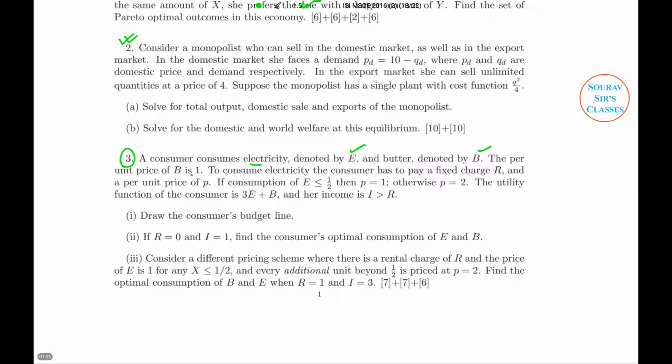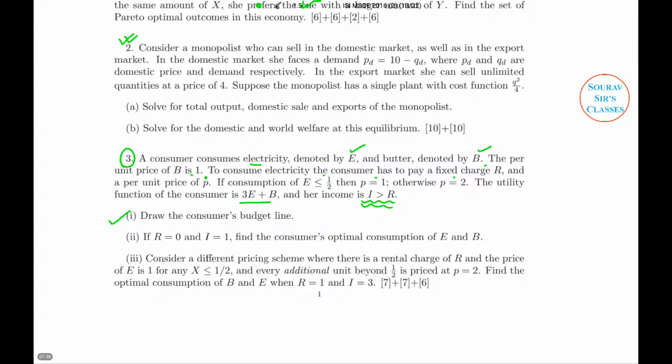To consume electricity, the consumer has to pay a fixed charge R and a per unit price of P. If the consumption of E is up to this amount, then P is equal to 1, and otherwise if it exceeds, then it becomes 2. The utility function is given to be this, and the relationship between income and the charge is given to be this.